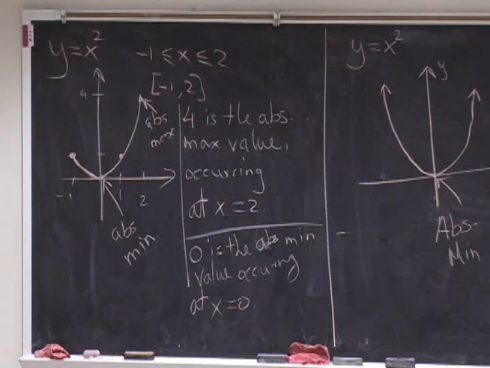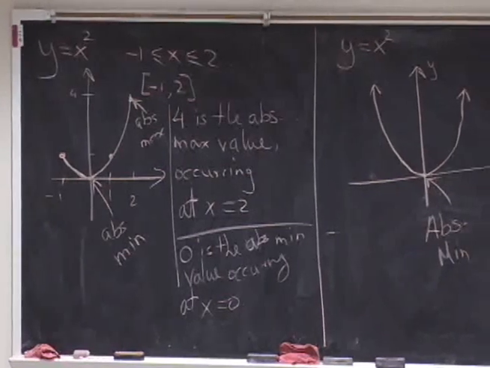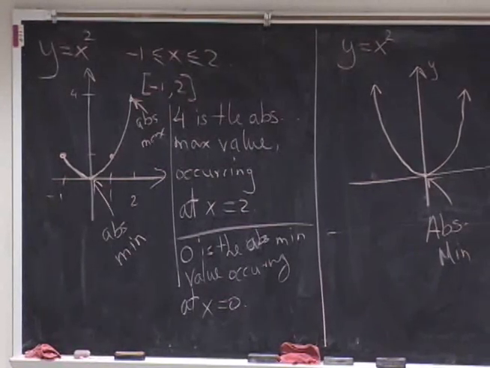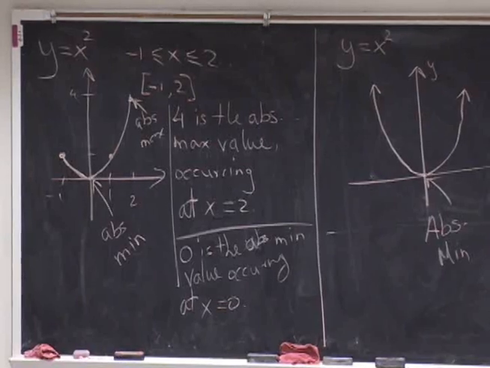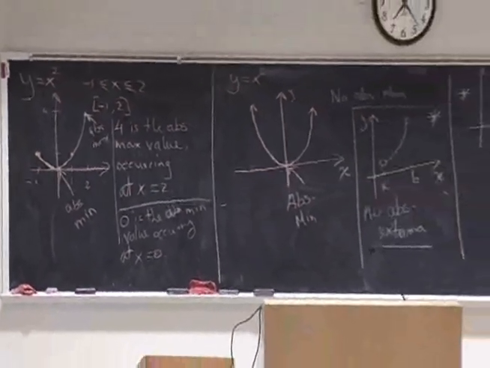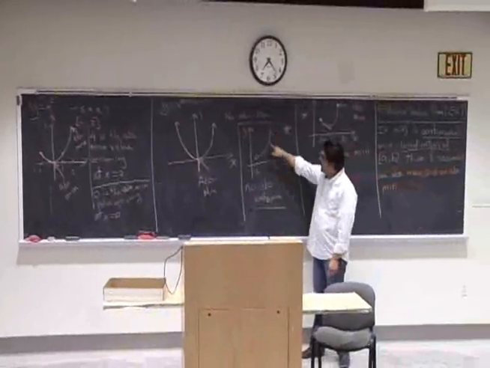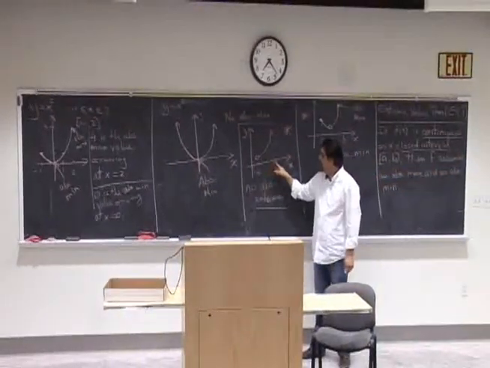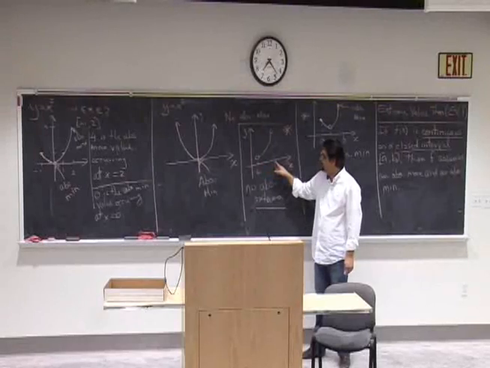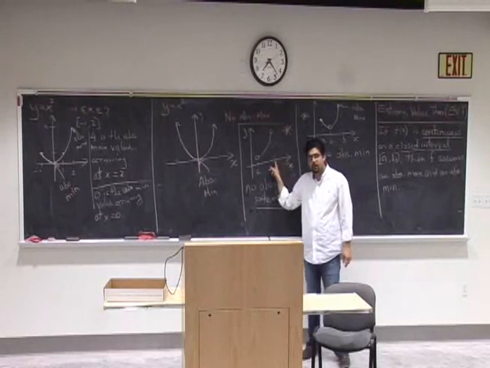And some of these other pictures, like this one over here, and this one over here, show us that we really need these conditions, that the function be continuous on a closed interval. Right? So although this is continuous throughout the interval AB, it doesn't have an absolute extrema.